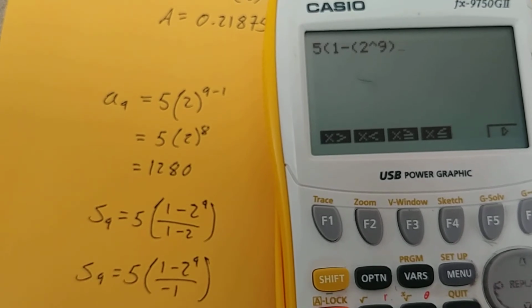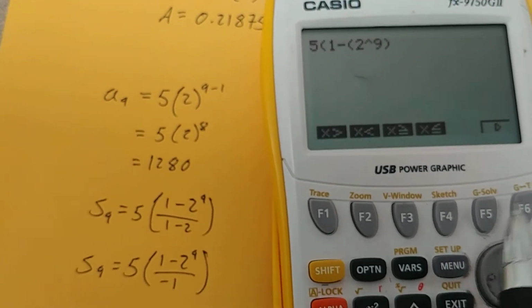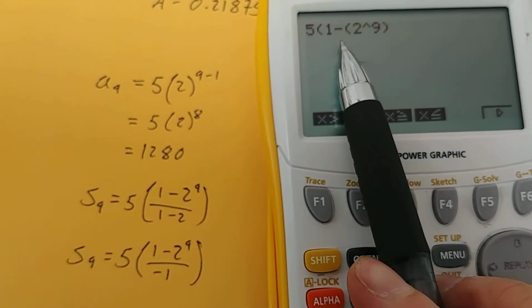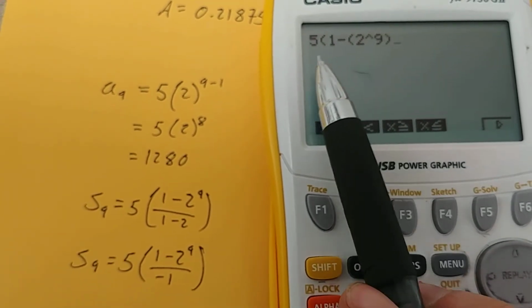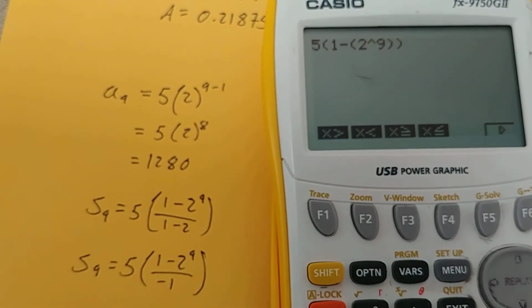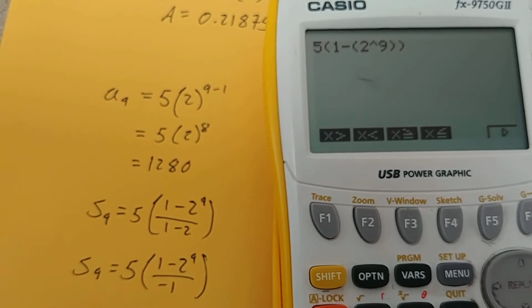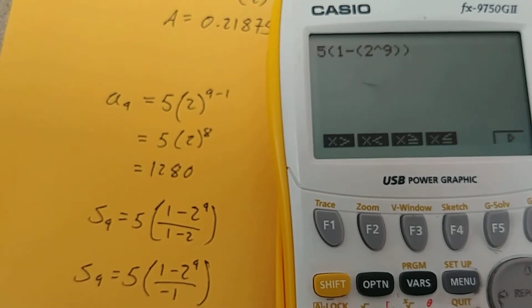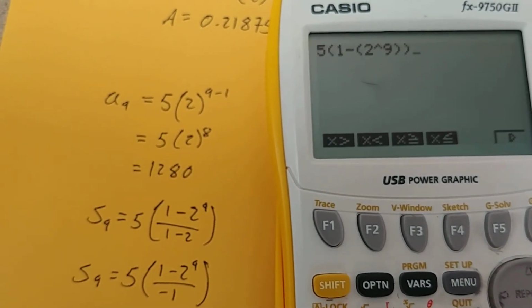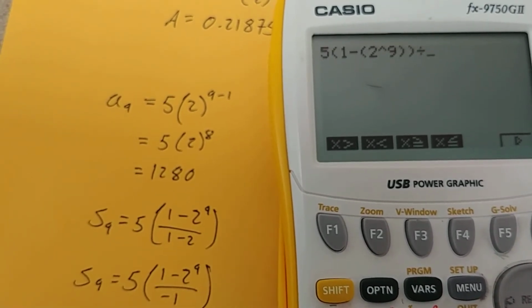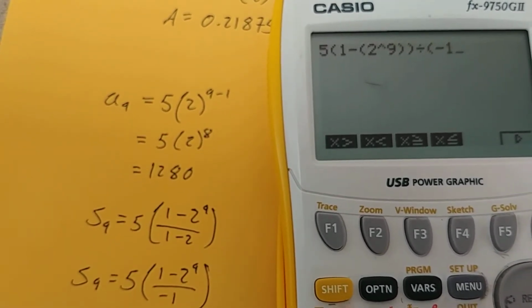Close that parentheses. So notice the first parenthesis, it's closing for that one, so I have to put another parenthesis to close the other one. There you go. And then whatever we get has to be divided by negative 1.